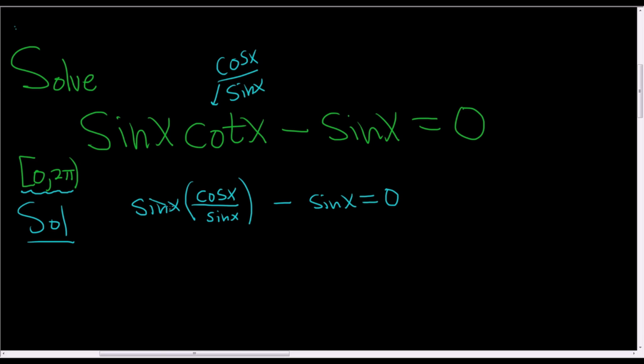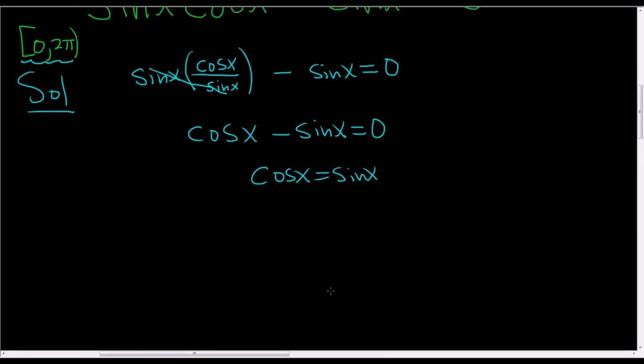And now the sine functions cancel, right? And this is okay as long as sine is not equal to 0. So we have cosine minus sine equal to 0. So if we solve for cosine, we get that the cosine of x is equal to the sine of x. And we have to find all solutions to this equation on the interval 0 to 2 pi.